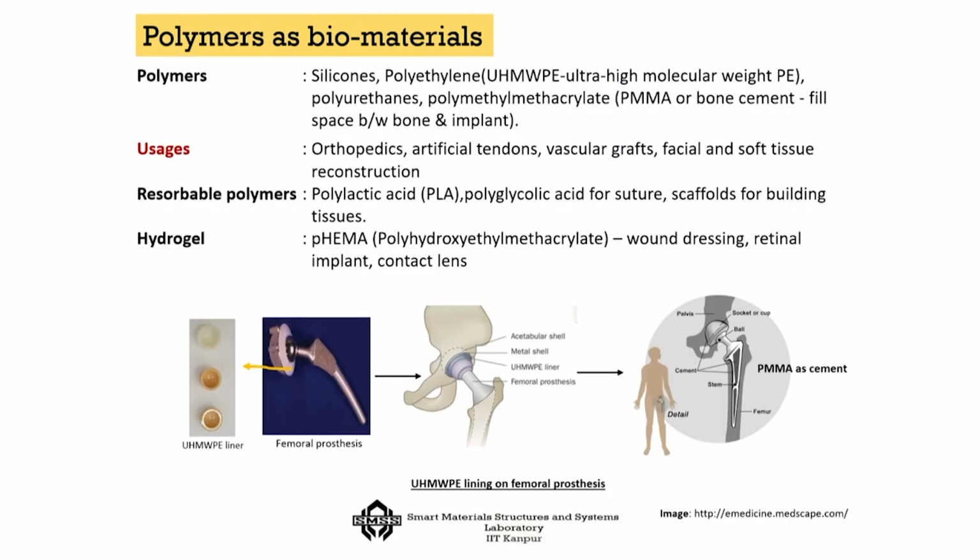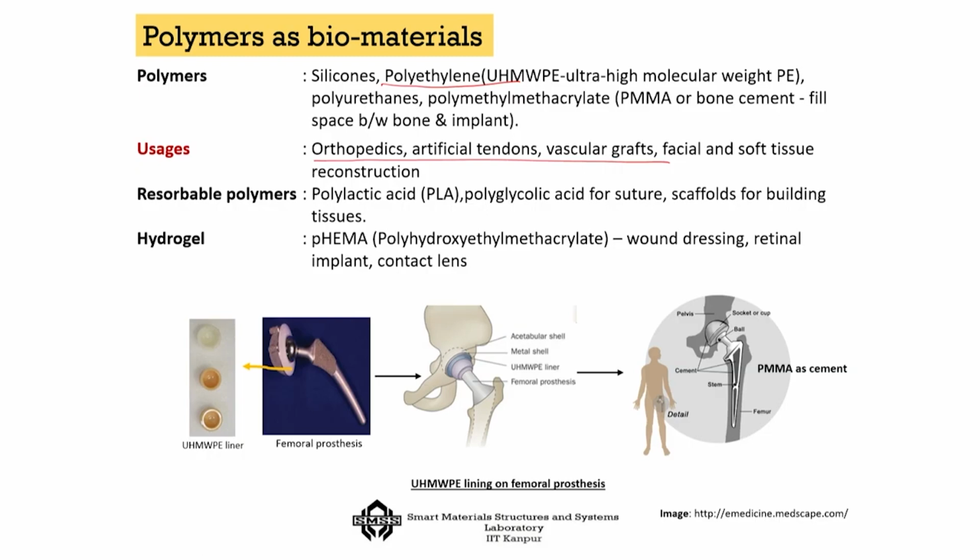Polymers also are coming in a big way, like the silicones, special group of polymers, ultra high molecular weight polyethylene, UHMWPE, and then PMMA, and they are used in orthopedics, artificial tendons and facial and soft tissue reconstruction in so many ways.